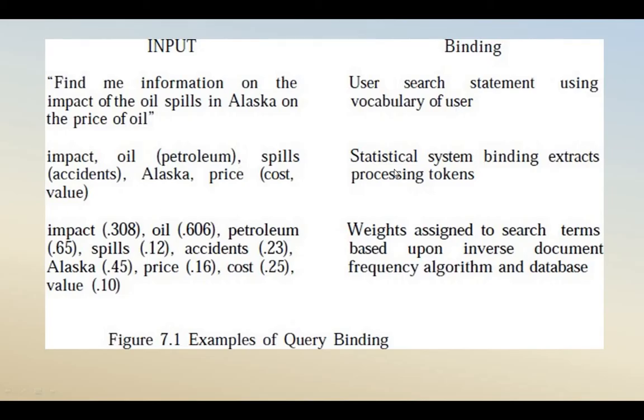Independent items can be searched by using the statistical binding extracts processing tokens, but the weights assigned here are based on the inverse document frequency. Based on the frequency, it searches. These are the various kinds of input statements that we will use, and the various kinds of binding that we will apply to the input statements. This is the example of query binding.